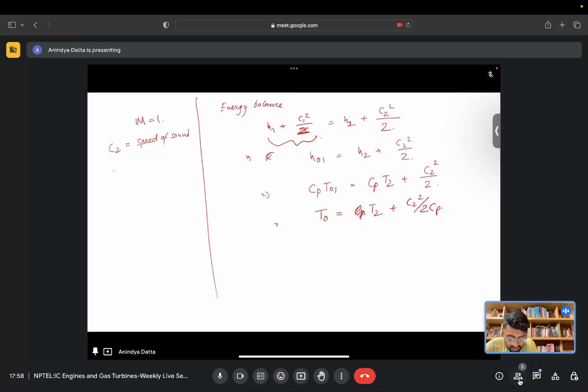Now what is the expression for the velocity of sound? That is square root of gamma r T2, right? So we put that here: T0 equals T2 plus gamma r T2 by 2 Cp. Now we can write Cp in terms of r and gamma. So what is Cp? Gamma r by gamma minus 1, right?